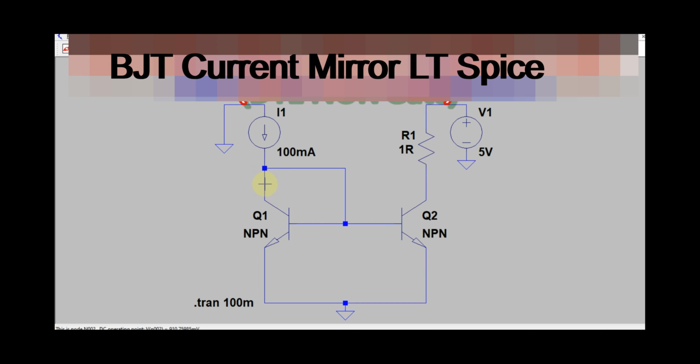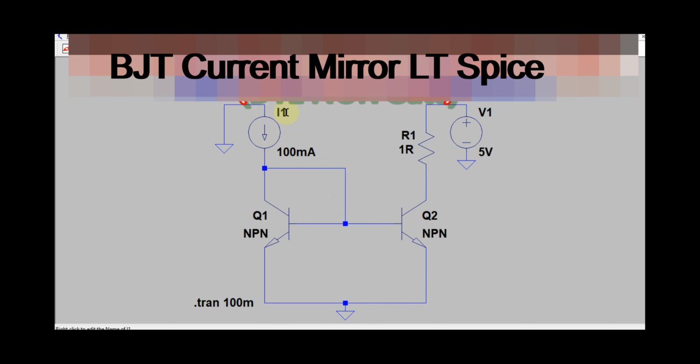That means this current I1 equals the current flowing through the collector of this transistor, IC, plus a base current. So I1 equals IC plus IB, and if you elaborate further, this IB is again divided into IB1 and IB2.